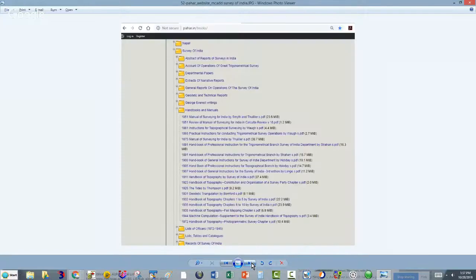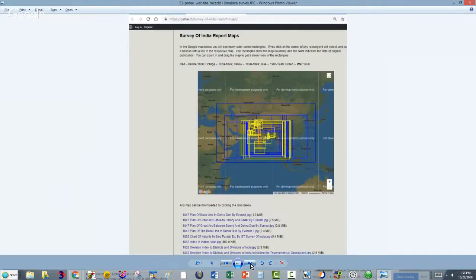The other thing there is, let's say you're interested in the survey of India. You could come here and look at all the work done by lots of people through time, throughout history. And if you'd be interested in learning about, let's say, how they established the elevations of the Himalayan mountains, you could find that information here.